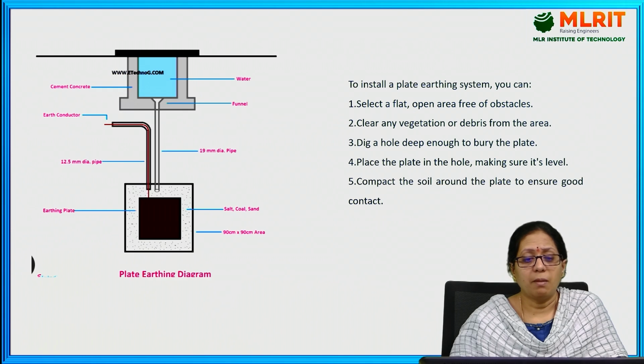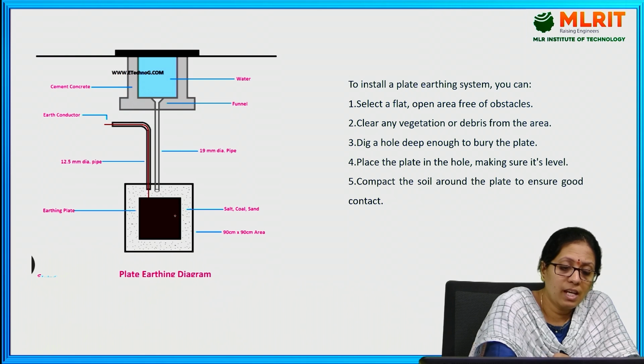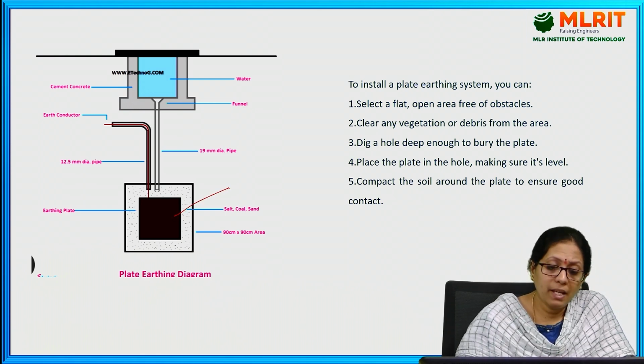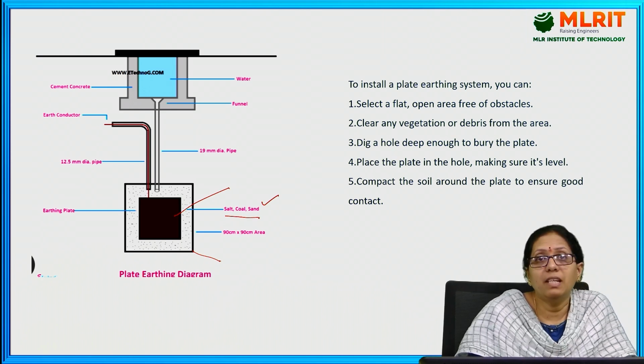Here you can see the picture of a plate earthing. Here you can see a plate. This is called the earthing plate. The earthing plate is placed within salt, coal or sand material.